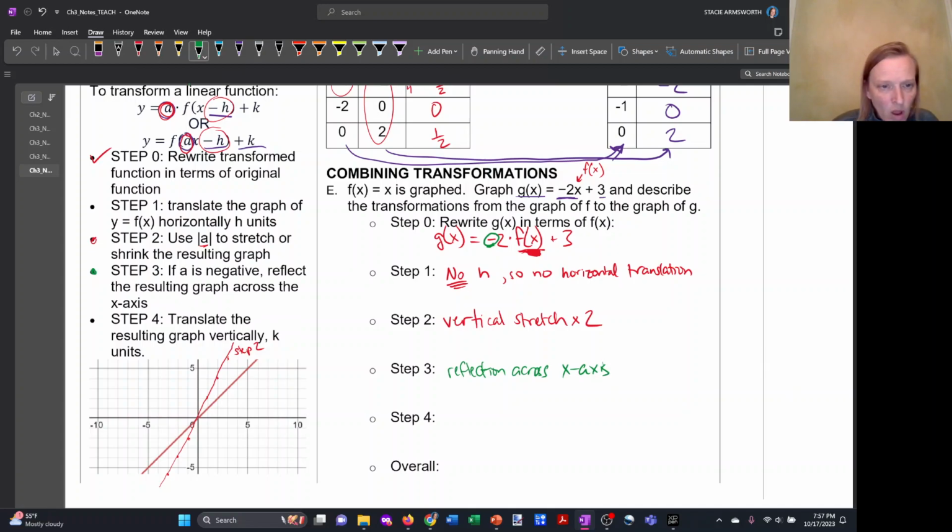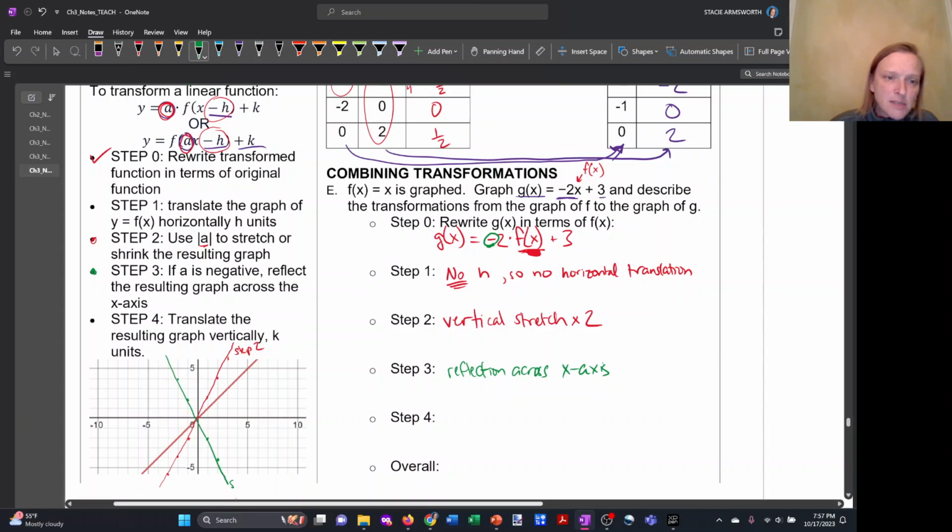So now, reflecting this across the x-axis, instead of being up here at 1, 2, I'm going to be at 1, -2. Instead of being at 2, 4, I'm going to be at 2, -4. So my graph is going to flip around, and it'll have a negative slope now. And this is my graph just of step 3 now.